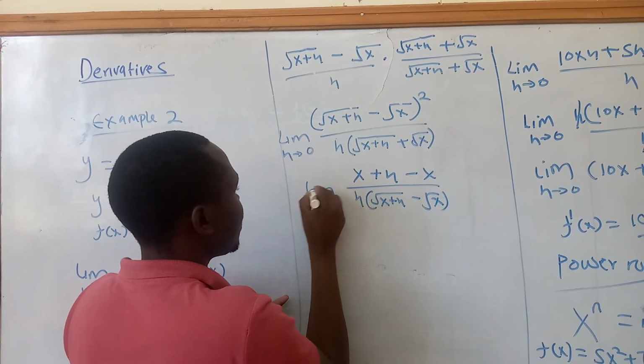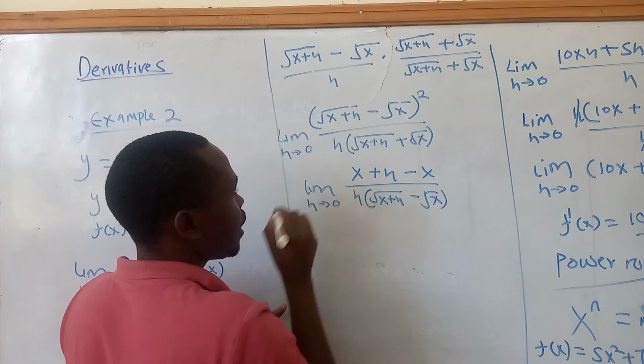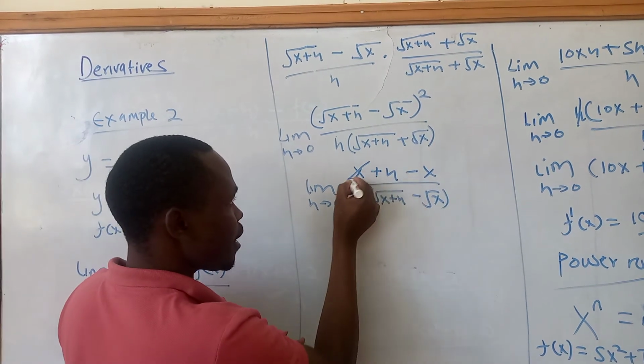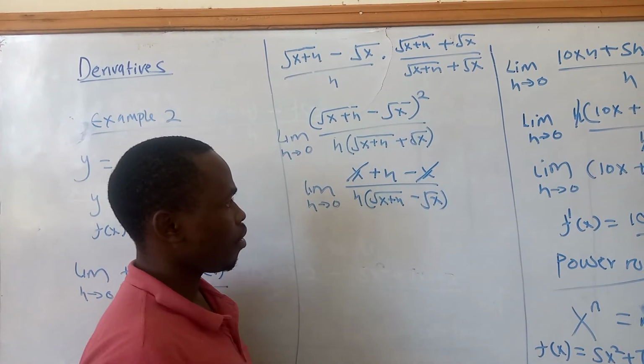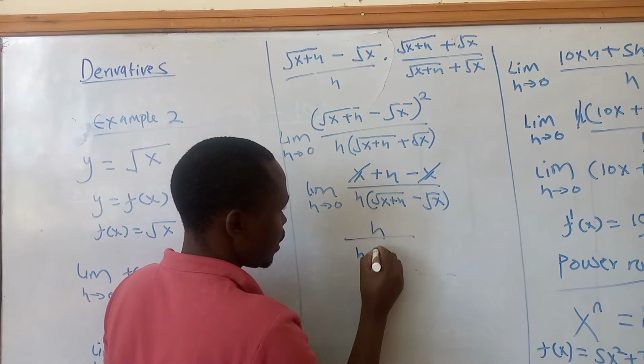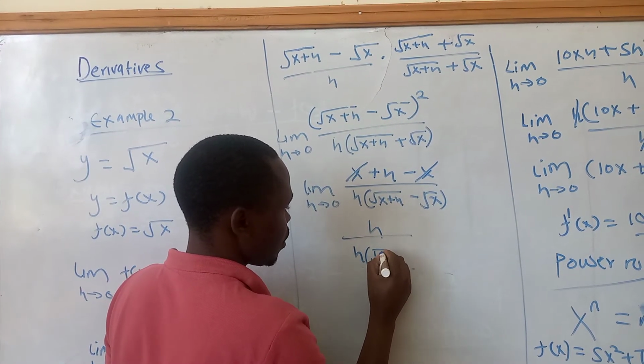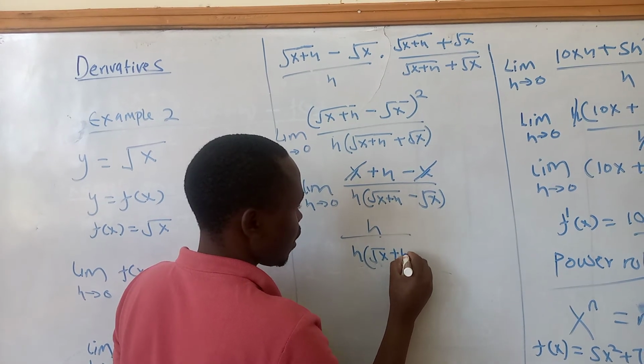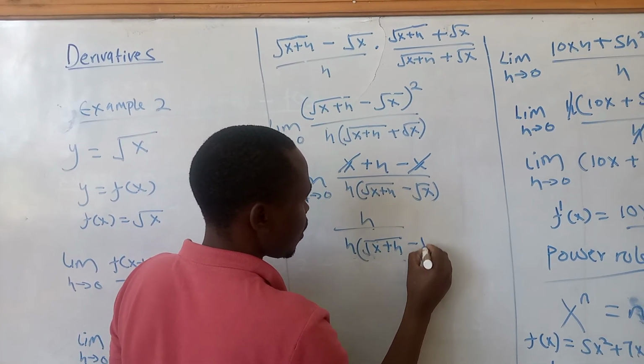Remember the limit as h approaches 0. And then this and this will cancel. I'm going to remain with h over h into root x plus h plus root x.